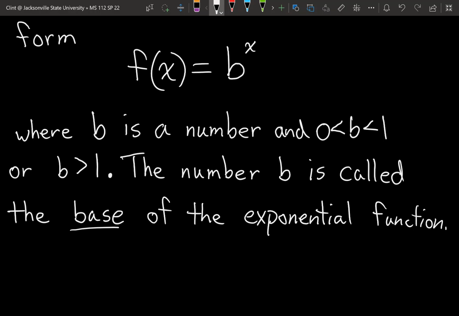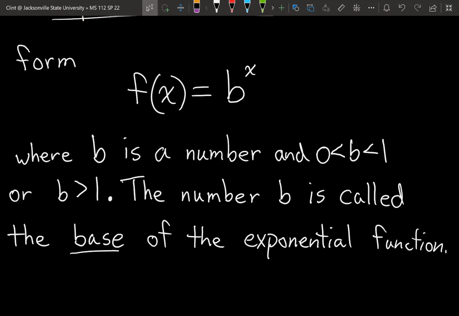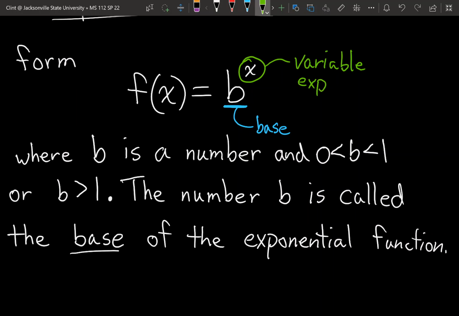So here, b is what we would call the base. And then we've got a variable exponent. That's an exponential function.